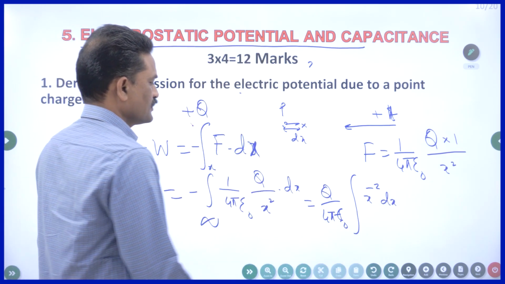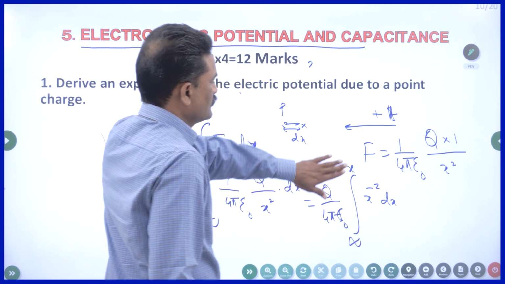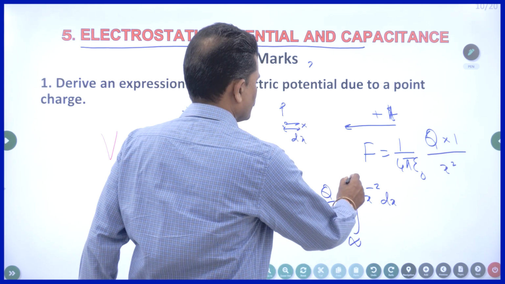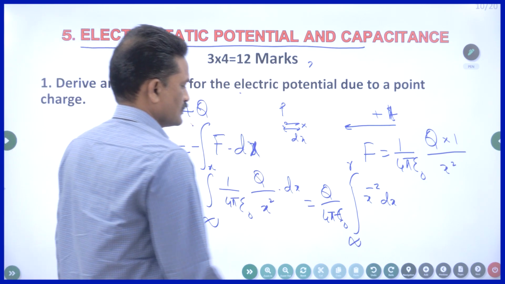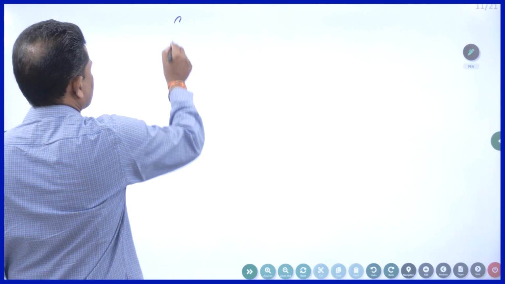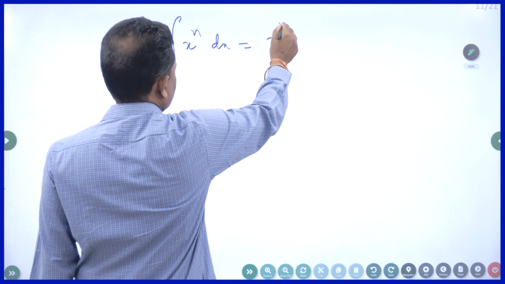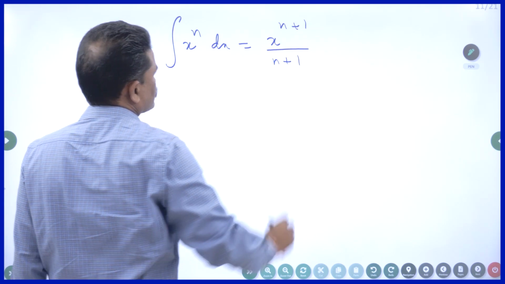So I am bringing it from infinity to a point x. Or if you want, you can write r also. You are bringing it from infinity to a distance r. Whatever you want, you can. So let us go to mathematics. There is a formula in integration. Integral of x to the power of n dx is equal to x to the power of n plus 1 by n plus 1.